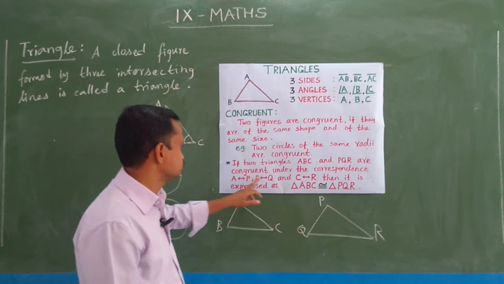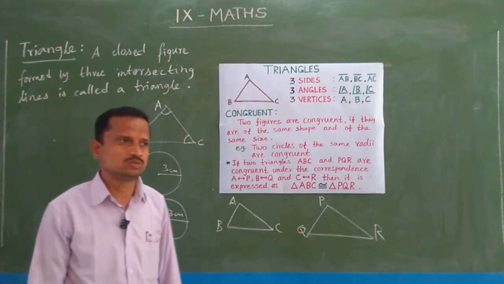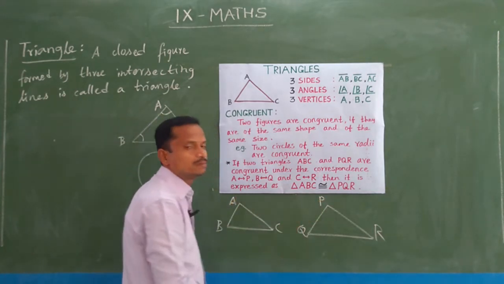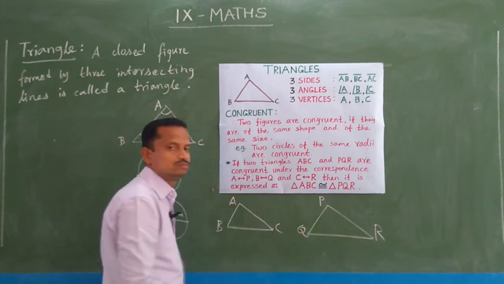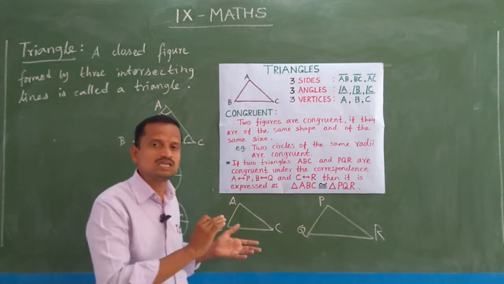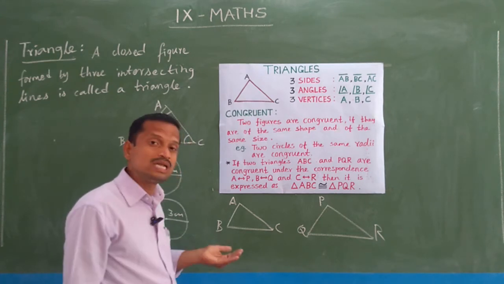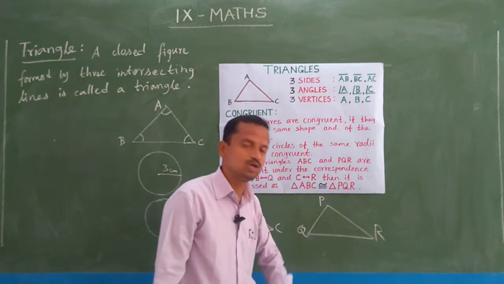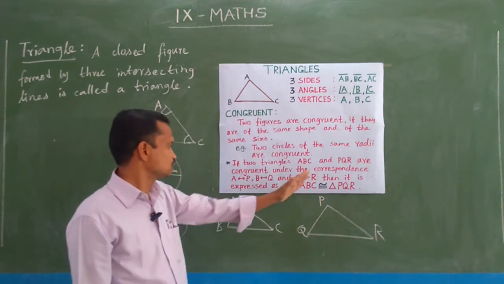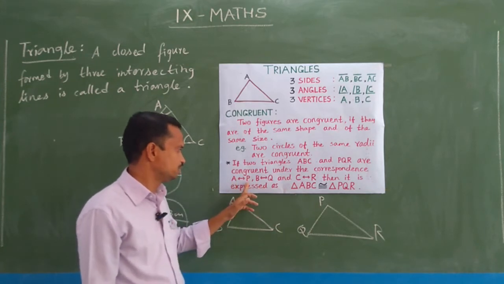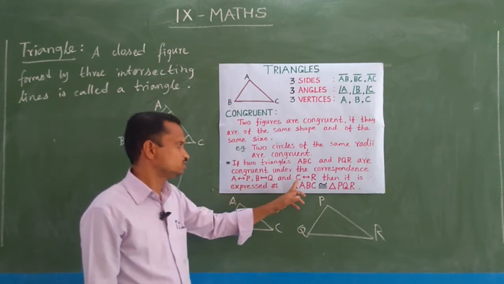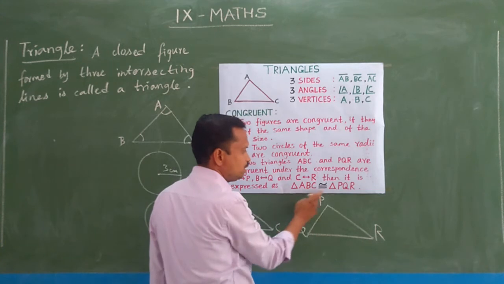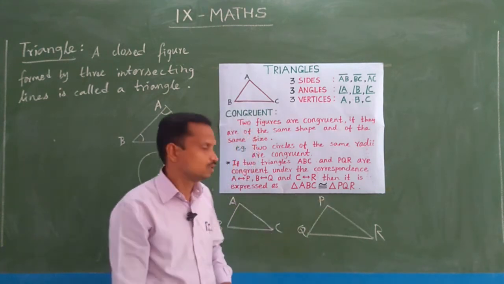Under the correspondence, meaning the names: A corresponds to P, B corresponds to Q, and C corresponds to R. Correspond means the corresponding vertices. So A is related to P, B is related to Q, and C is related to R. That is called the correspondence.